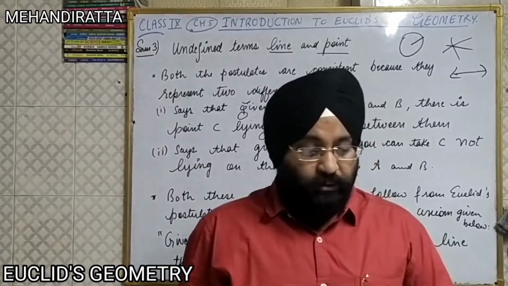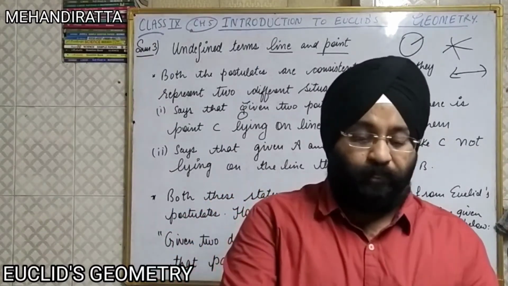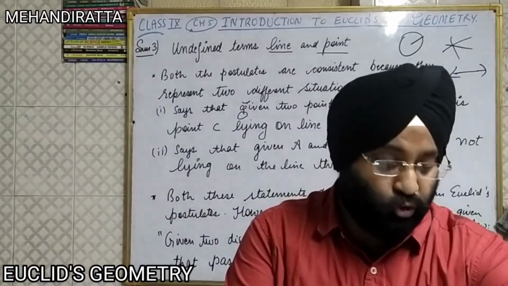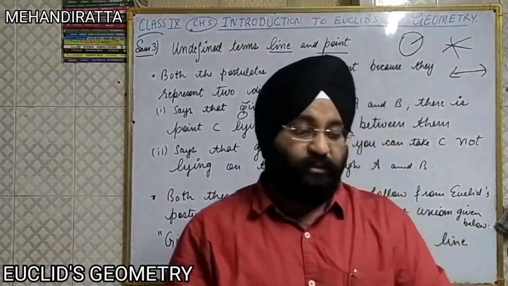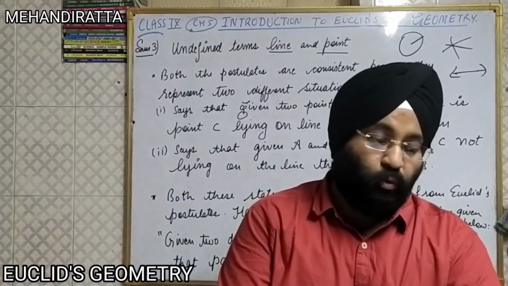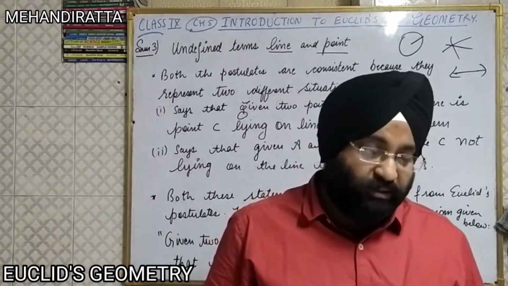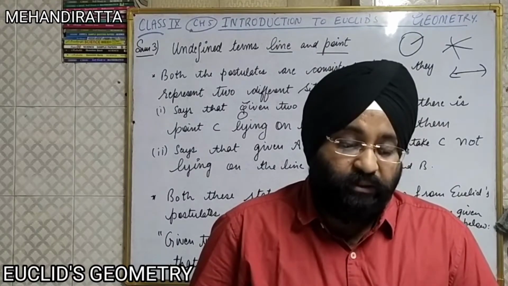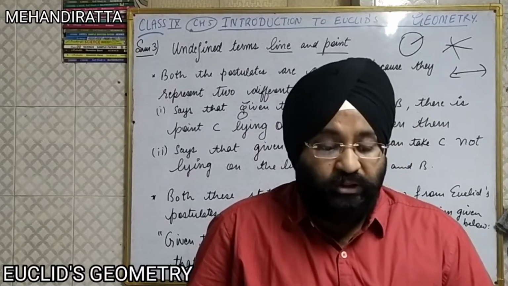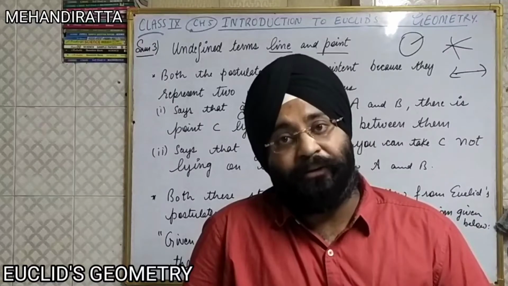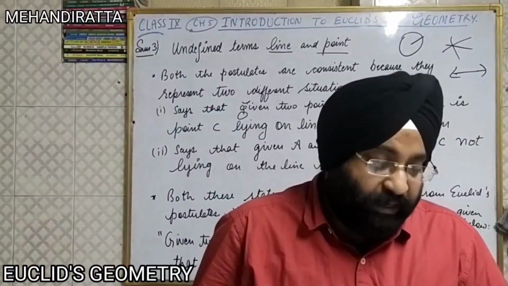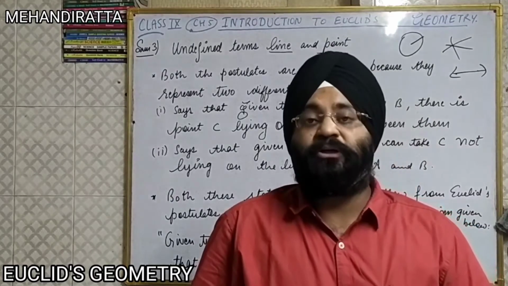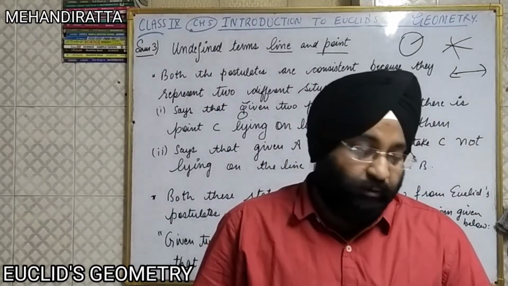Now next is your third sum. In the third sum, consider two postulates given below. First, given any two distinct points A and B, there exists a third point C which is in between A and B. Second, there exists at least 3 points that are not on the same line.